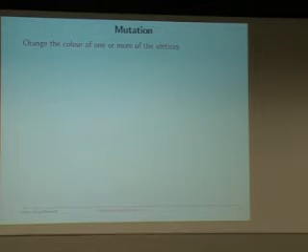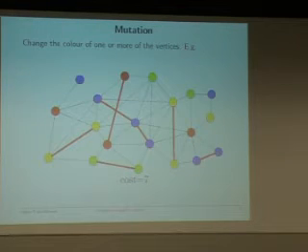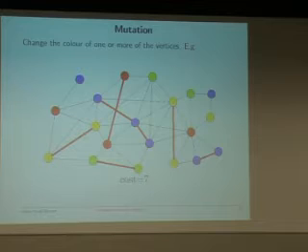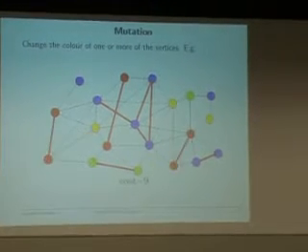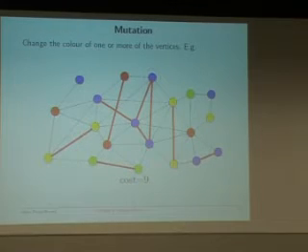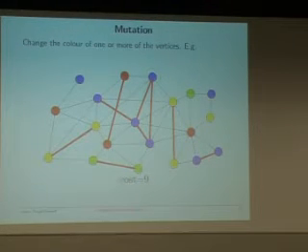Mutation: you basically change the color of one or more of the vertices. So if we have a problem like this, we choose vertices at random, and we choose this one, and we just change its color. That may or may not increase the cost. In this case, it increased the cost rather than decreasing it. We're trying to reduce the cost. I could do mutations that involve more than one vertex.